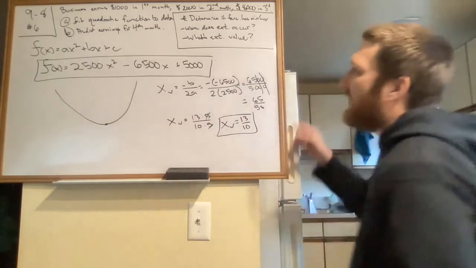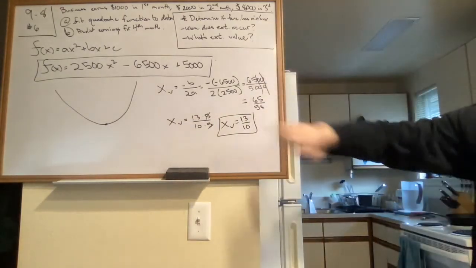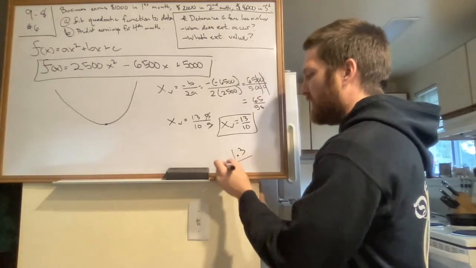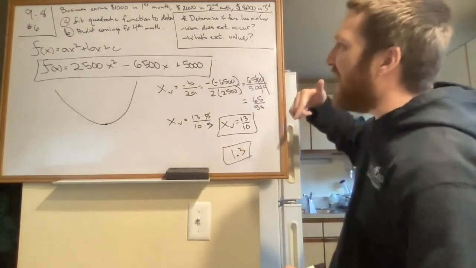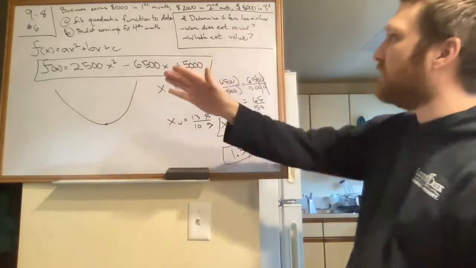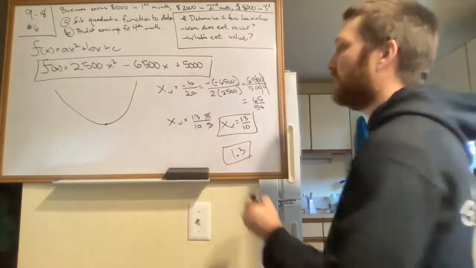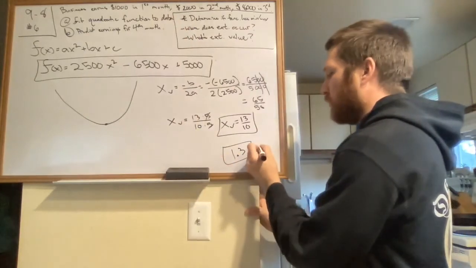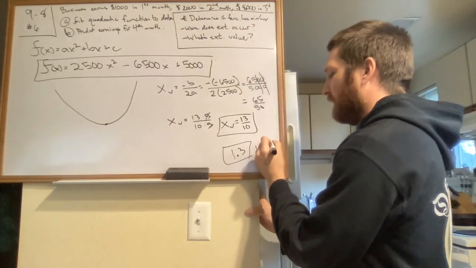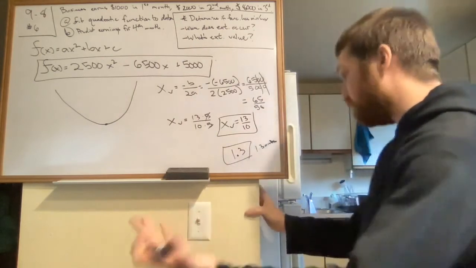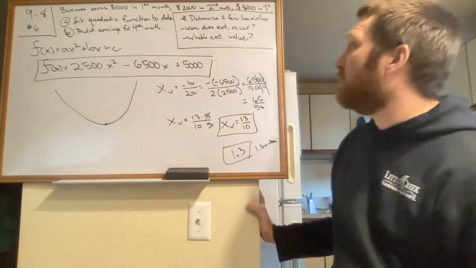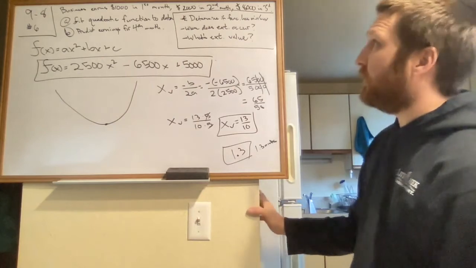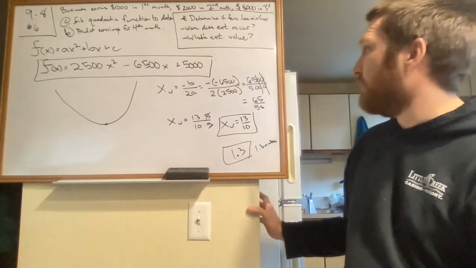Okay, so that is where it occurs. 13 over 10 is 1.3. That means that the minimum value occurs somewhere between the first and second month, because we're talking about months. 1.3 would be 1.3 months. It'd be 0.3 after, a third of the way after the first month.